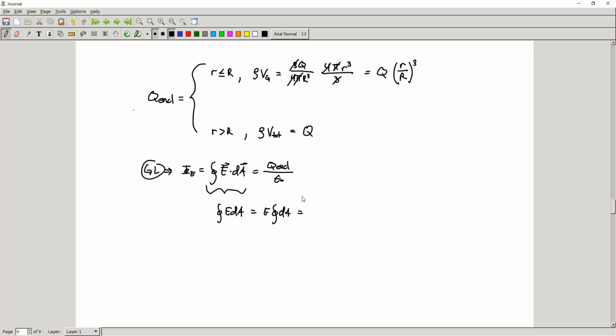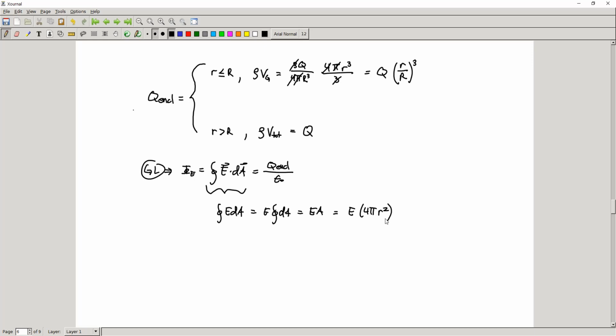And this is just EA, really, where A is the surface area of our enclosed Gaussian surface, right? And so this is going to end up being E 4 pi r squared, small r squared, because this is our Gaussian surface as it grows, right?